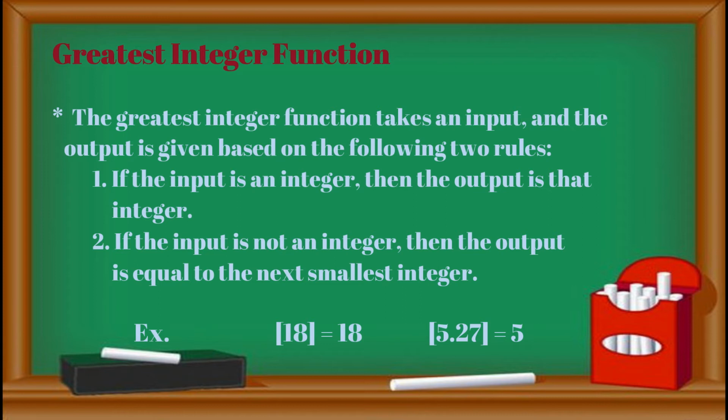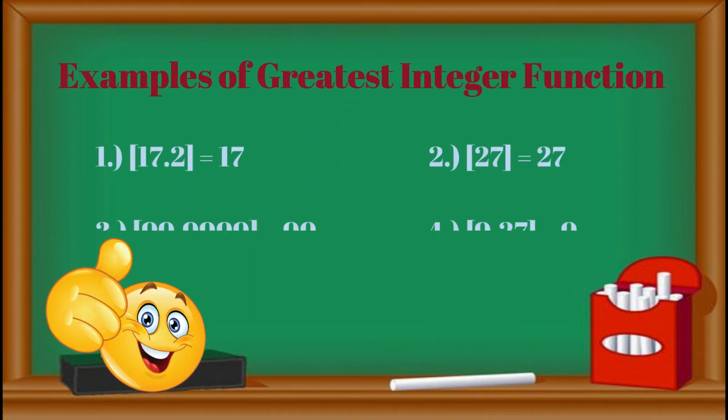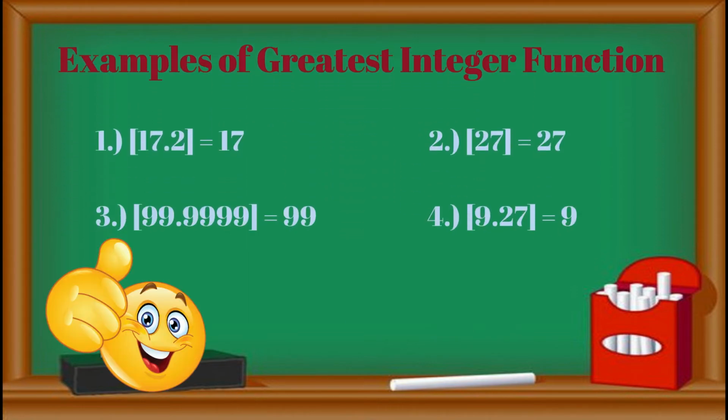So, if we are given a number, say 18, and we plug it into the greatest integer function, we would get 18 back since 18 is an integer. On the other hand, if we are given a non-integer number, say 5.27, the output would be equal to the next smallest integer, which is 5. Here are some more examples of greatest integer function.